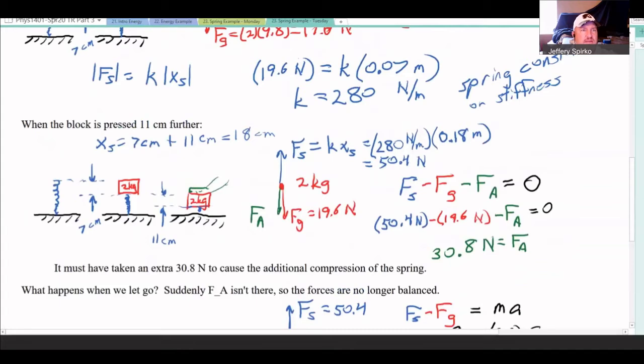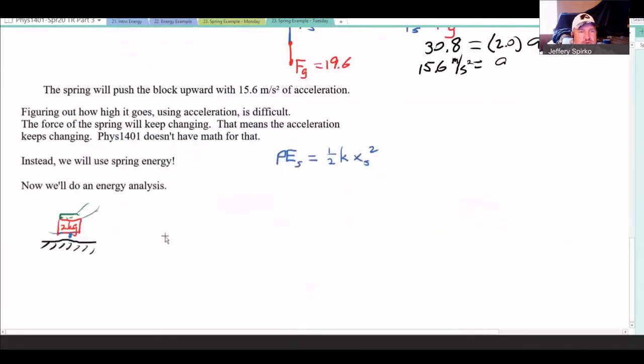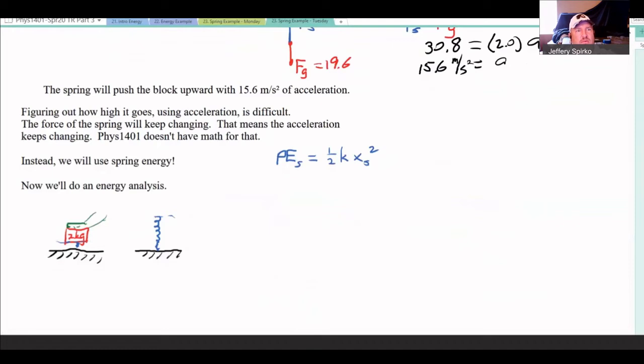And then we're going to have this one. Copy that to the clipboard and paste it here, and we'll move that here. I think we moved that up too high. Okay. And then we're going to get rid of our hand here because we're letting go. There we go. And we have this level here and this level here, and I'm going to draw the block right there.